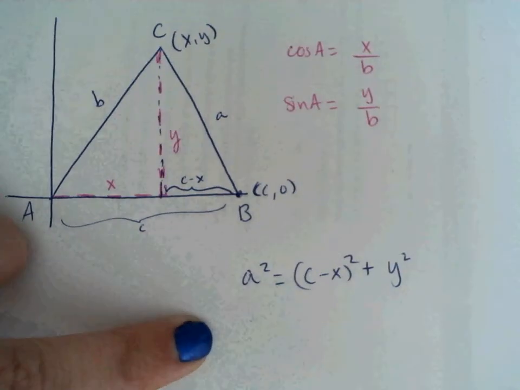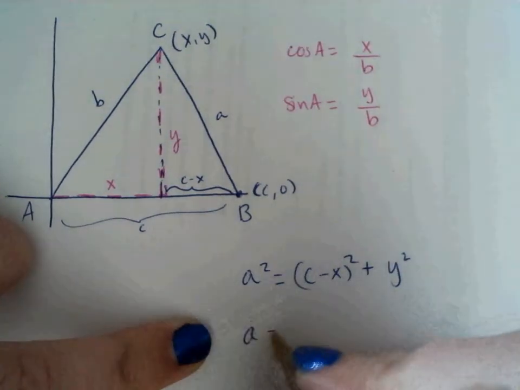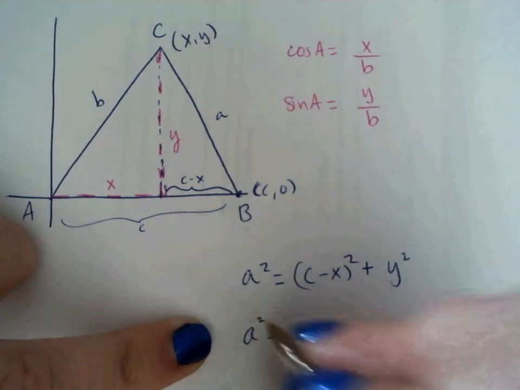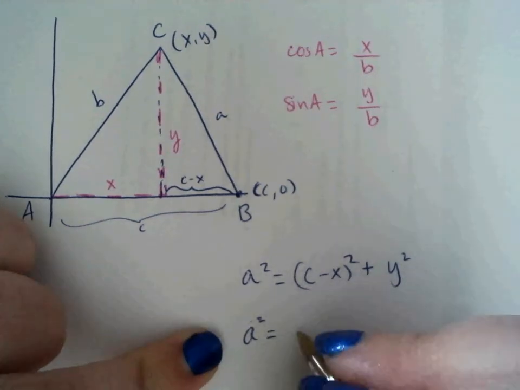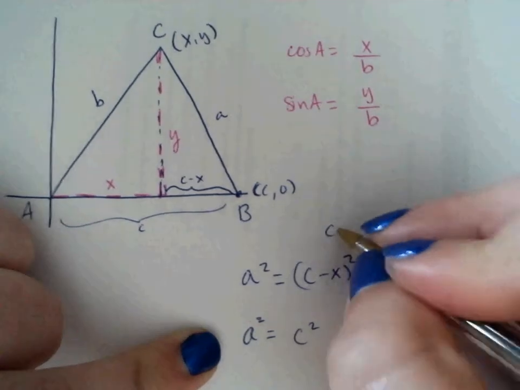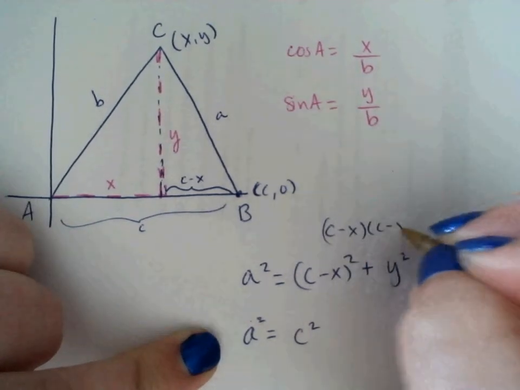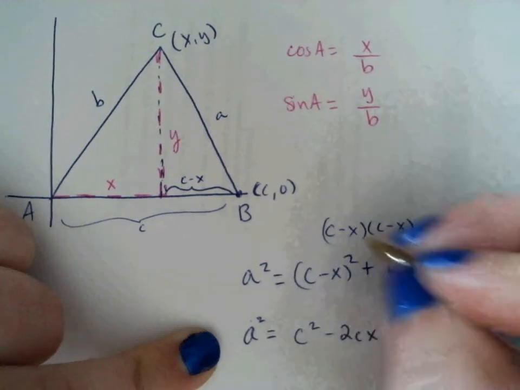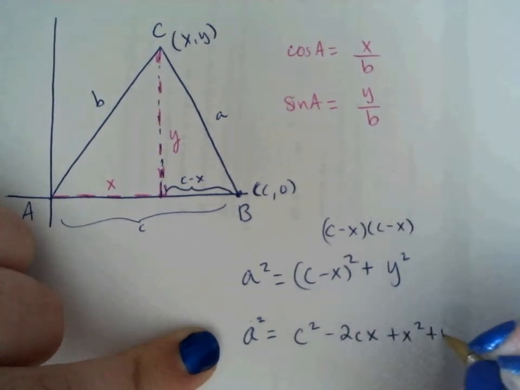I'm just going to keep it as a squared, but I'm going to expand that out. So c minus x times c minus x is c squared minus cx minus cx, so that's minus 2cx, and then plus x squared plus y squared.